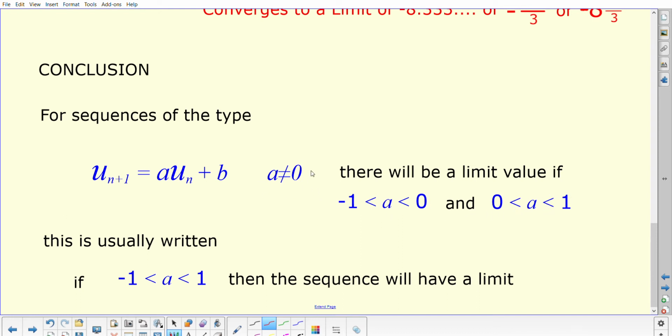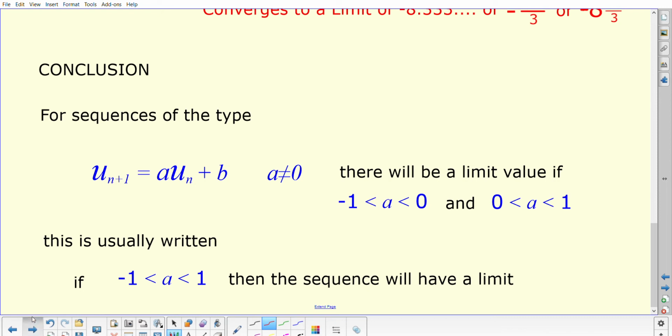Now, because a can't be equal to 0, we can merge those two statements and say that the sequences of this linear type will have a limit as long as that a number is in between -1 and 1. So when you're looking at a recurrence relation, you will be able to tell if it's going to have a limit.